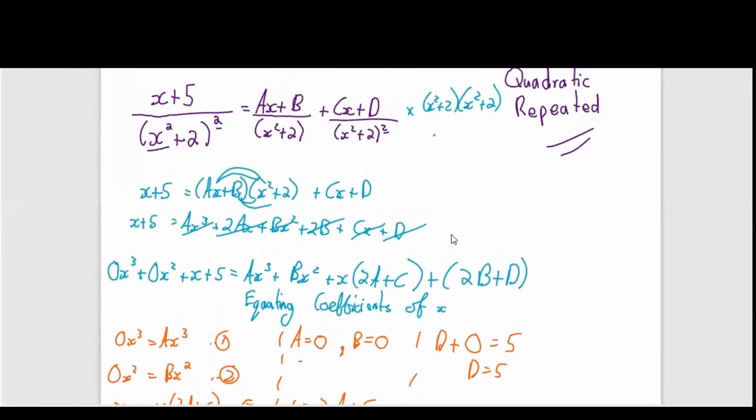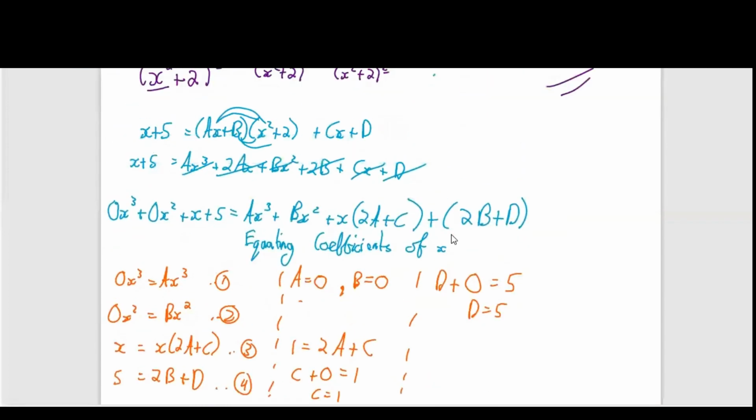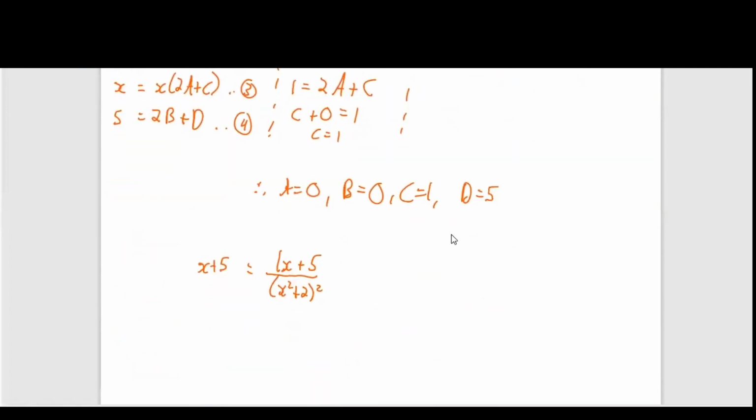That is x plus 5 on x squared plus 2 squared, and that is it in partial fraction form.